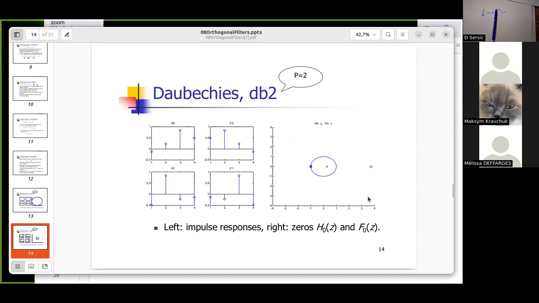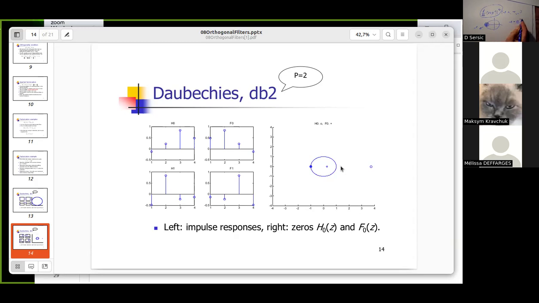We can just go back to the previous slide, but okay, don't care. So we had 3 terms with some numbers. This guy has 4 zeros right here at -1. So when z equals -1, it disappears.